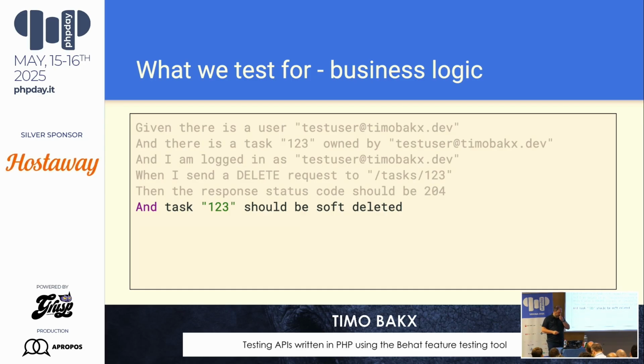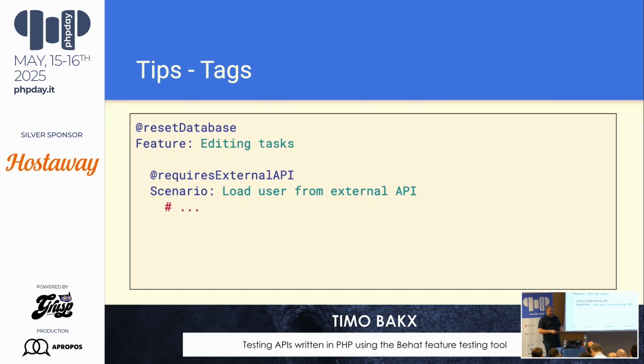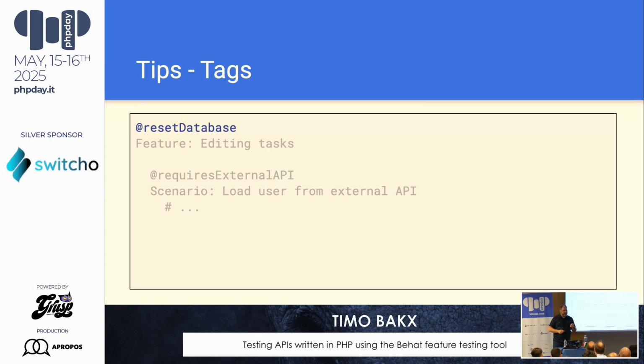Besides this, we have in Behat the tags. And tags are a special bit of text that you can put in front of a scenario or a feature. So in this case, this tag is only for this scenario, but this tag is for all the scenarios within that same feature.